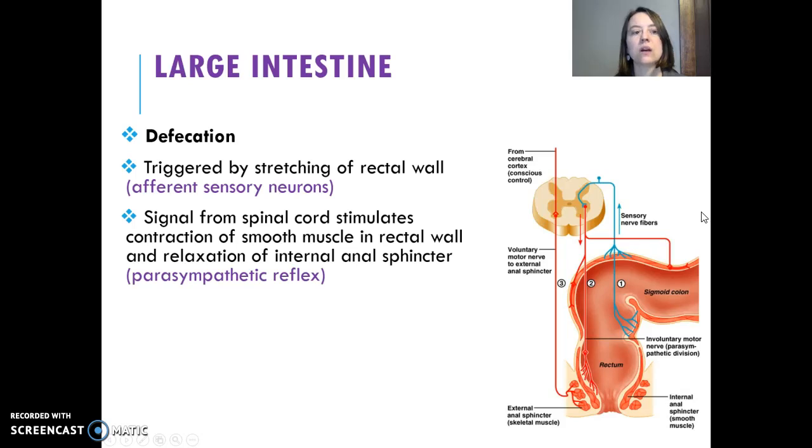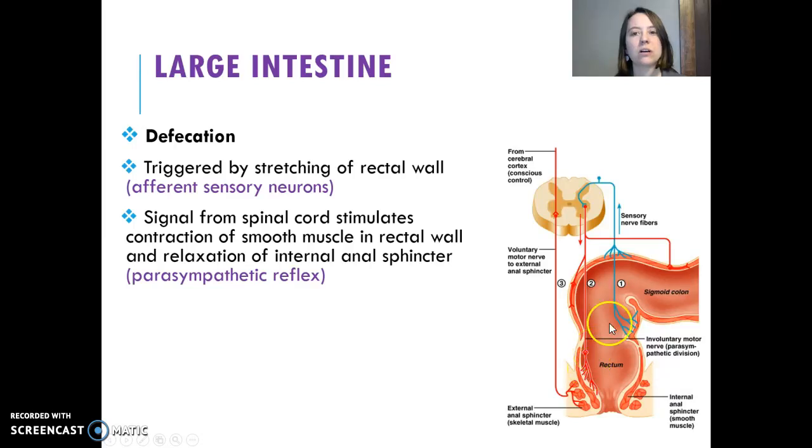The signal from the spinal cord stimulates contraction of smooth muscle in the rectal wall and relaxation of the internal anal sphincter. So the spinal cord stimulates contraction of the smooth muscle wall here, and then it also tells the internal anal sphincter to relax.